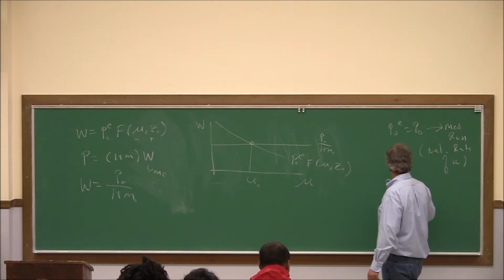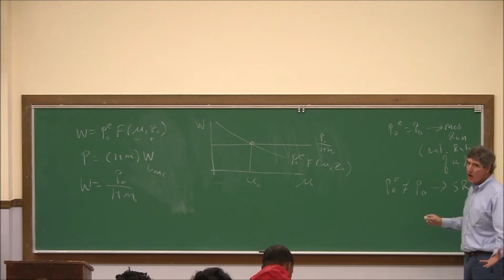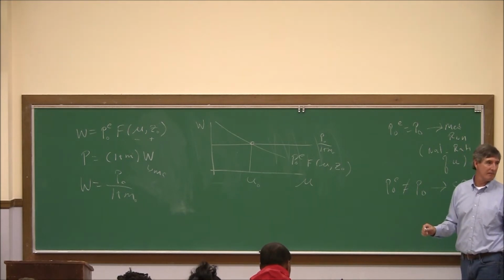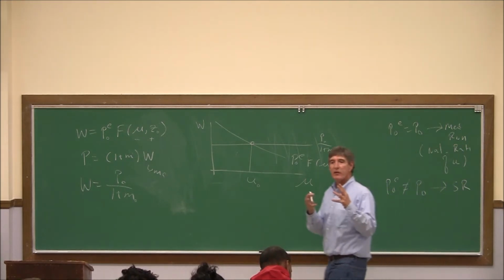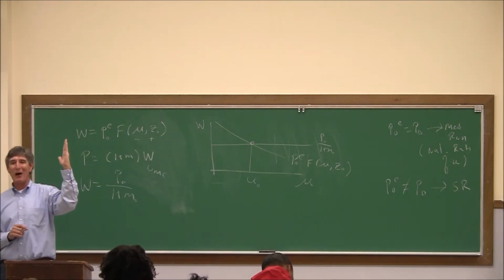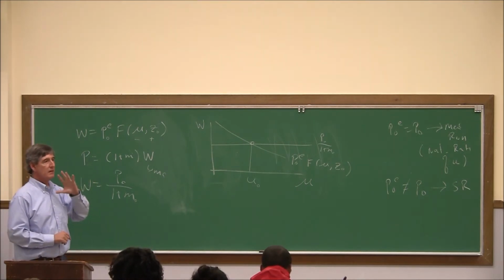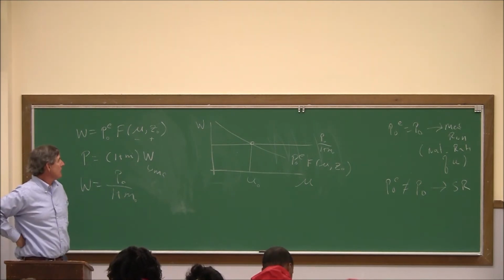When those things are not necessarily equal, then you're in the short run, and you're not at the natural rate anymore. So we've got two different labor supply curves here. This medium run one that's going to be vertical in our model, and a short run supply curve that's going to have a slope to it. We can get all that out of this model.